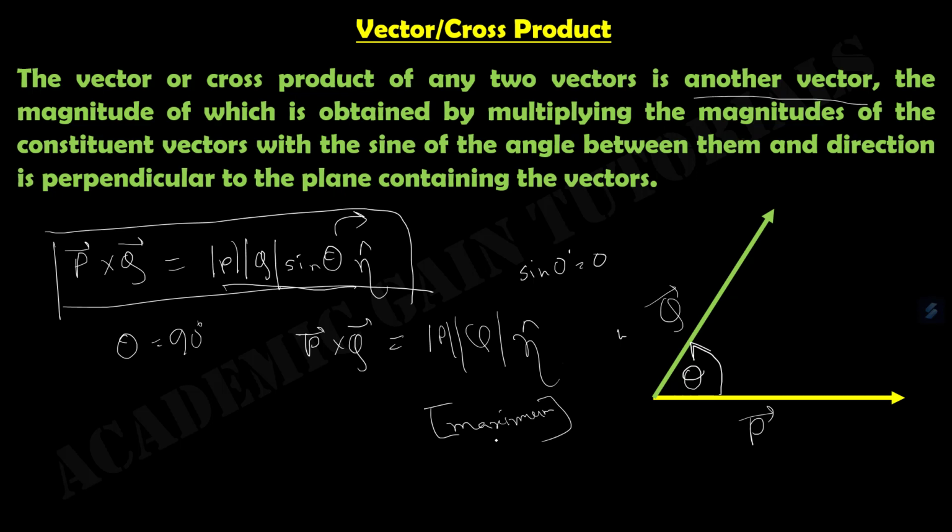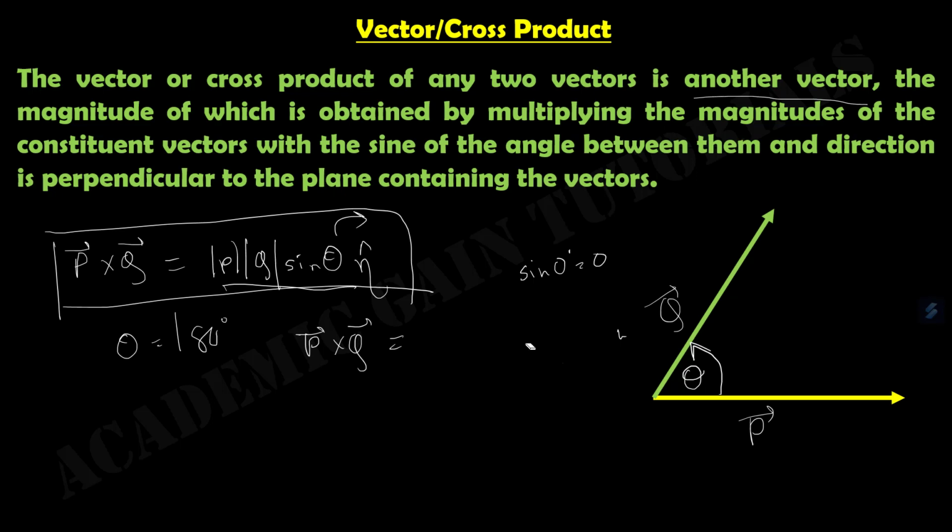It means when two vectors are acting perpendicular to each other, then their cross product will be the maximum value. So we found that when theta equals 90 degrees, the cross product will be maximum. What will happen when theta equals 180 degrees?